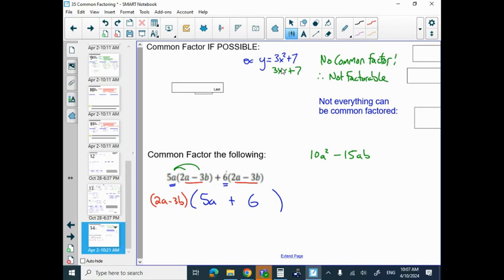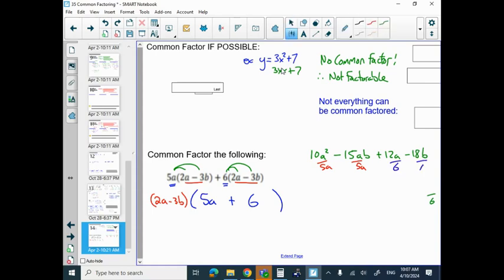And then the 6 times the 2a, we get 12a, and 6 times 3 is negative 18b, right? It could have been given like that, in which case you would have had to notice that there's a common factor of a 5a in those, and a common factor of a 6 in these. Way trickier to do, okay? But is it doable? Yes, right?